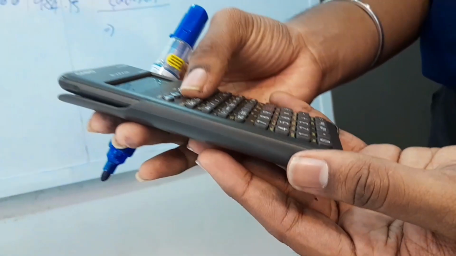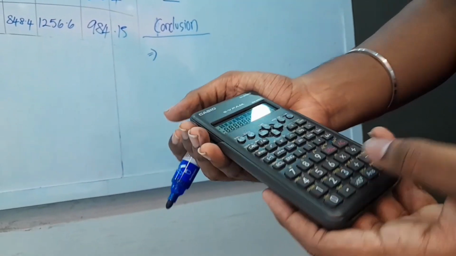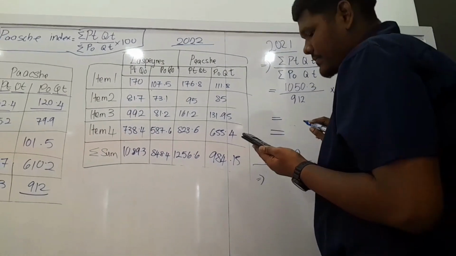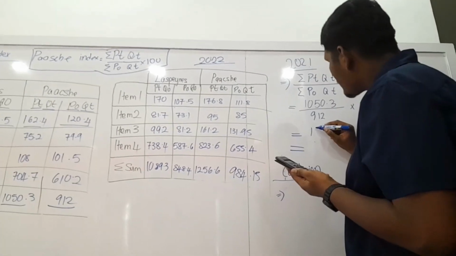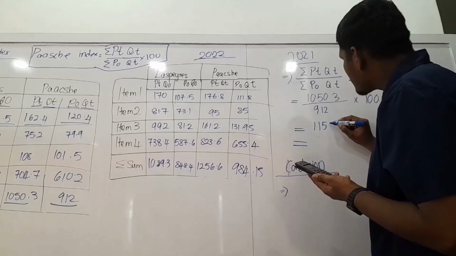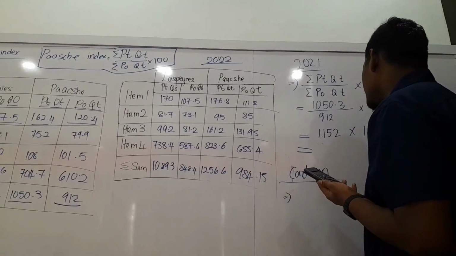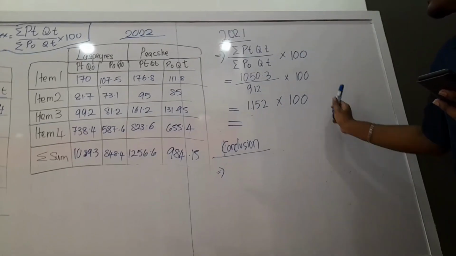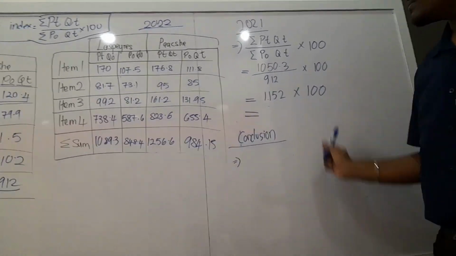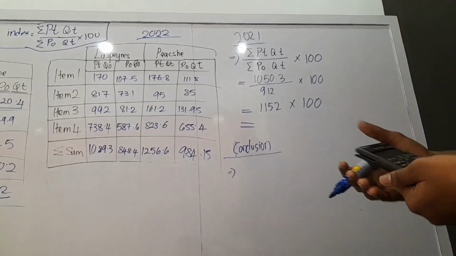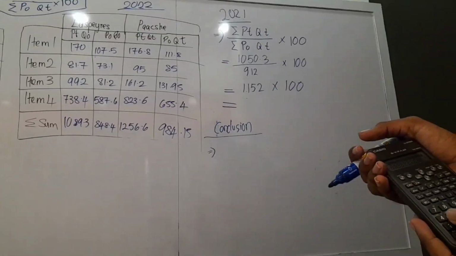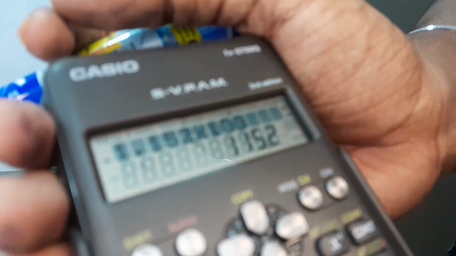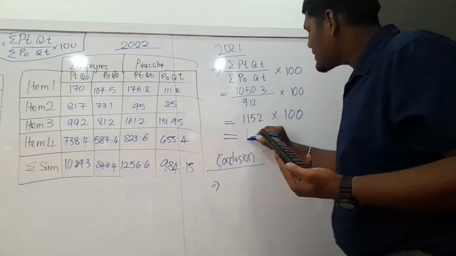I'm sorry, it's not times, it's over. Alright, we got the answer, 1.152 times 100. So this is the answer for 2021, and now we have to times the answer by 100. 1.152 times 100.